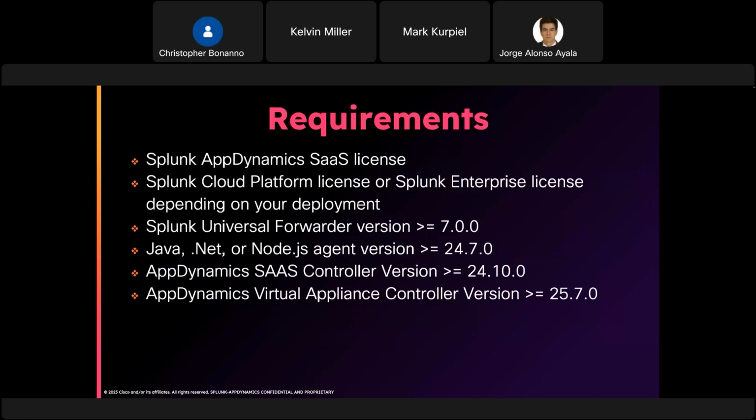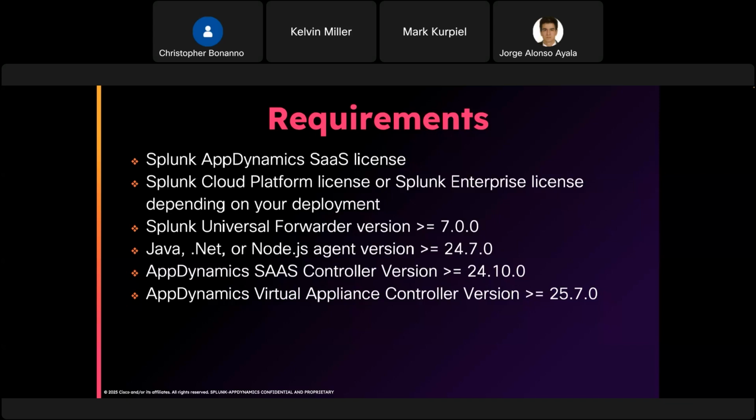And then obviously you'll need a Splunk universal forwarder. Versioning is important on that, and the types of applications that are supported are Java, .NET, and Node.js at the moment. And it does require that you have the AppDynamics agent version 24.7 or higher.